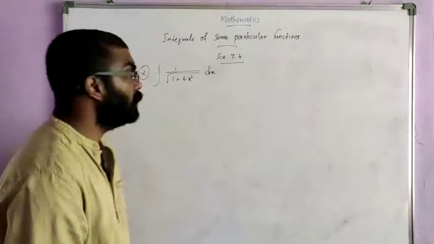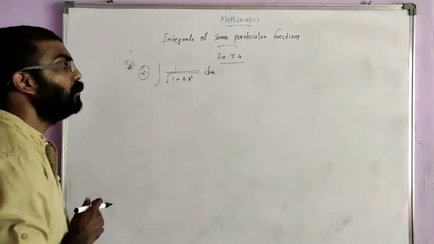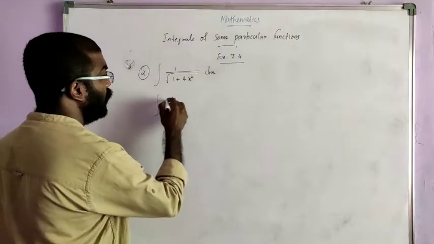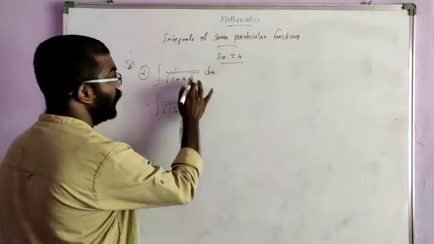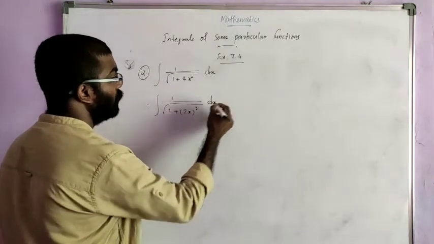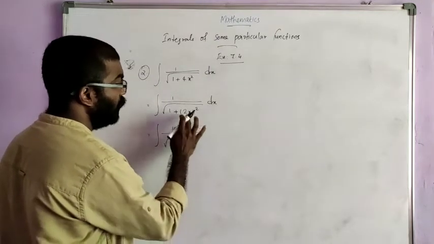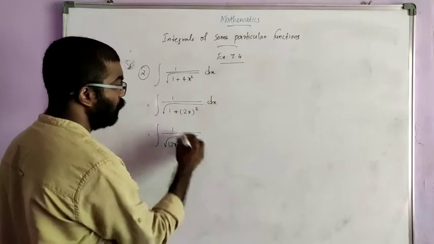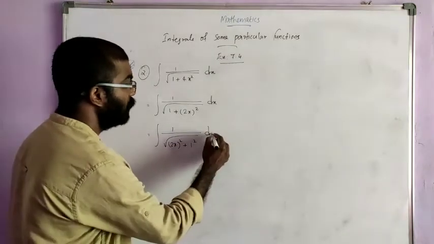Here the next question is integral 1 by root of 1 plus 4x square dx. So first of all we can change the question. Integral 1 by root of 1 plus 4x square, or we can write integral 1 by root of (2x the whole square) plus 1, and 1 can be rewritten as 1 square, dx.